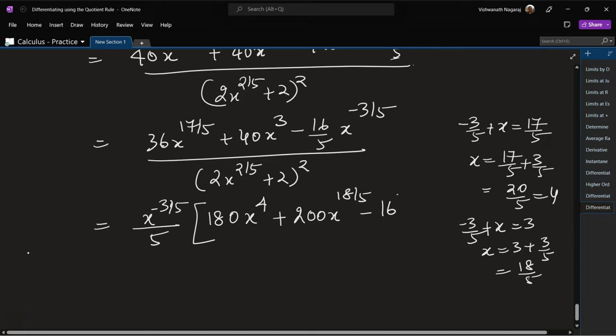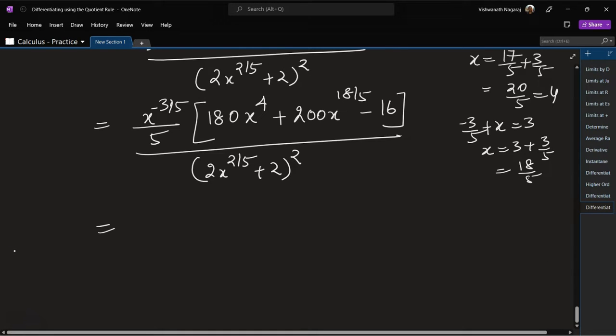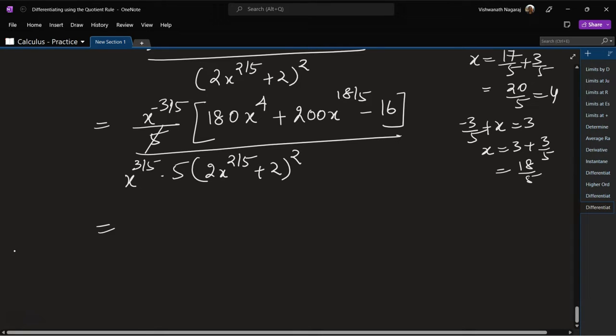minus, and here only 16 is left, divided by, let's write it as it is, plus 2 whole square. Now this we bring to the denominator, so this will come like this, and this will come as 3 by 5, right?